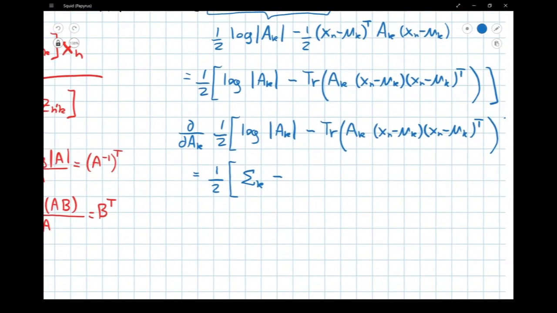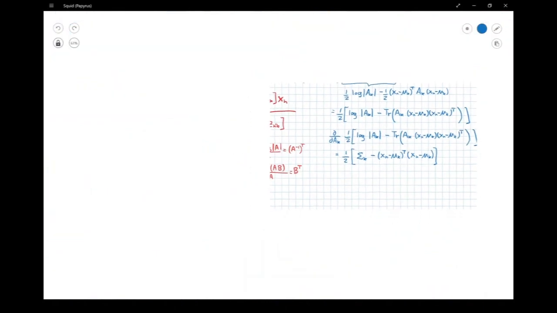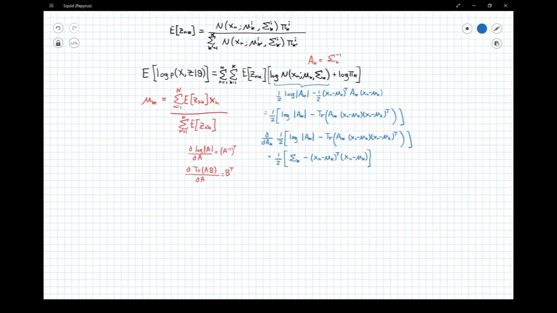So we end up with xn minus mu k transposed multiplied by xn minus mu k. Okay. So now we're going to substitute that back into here.